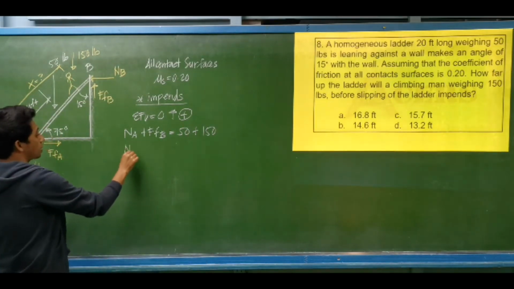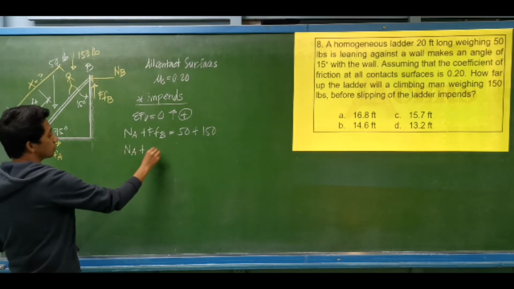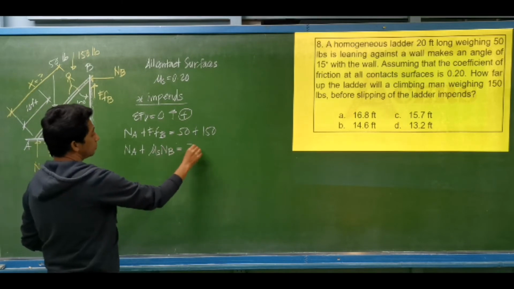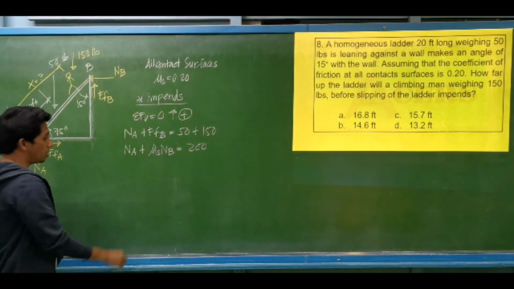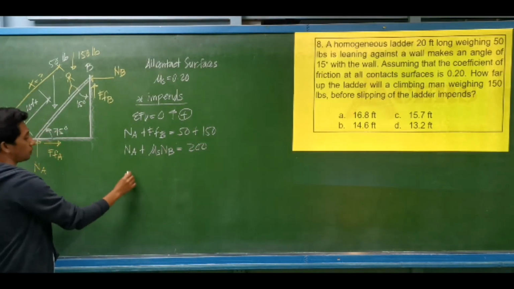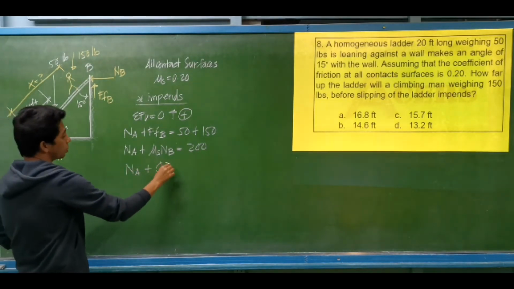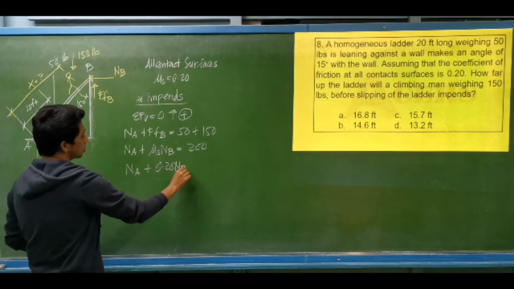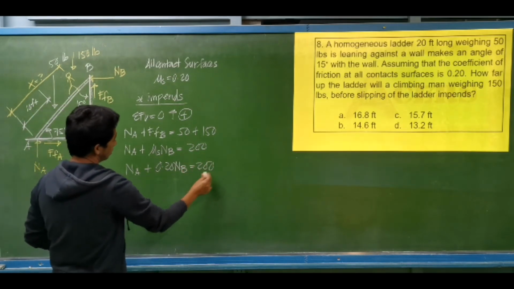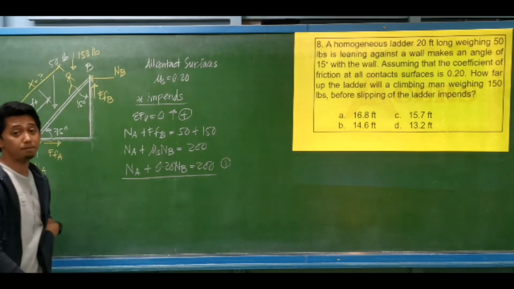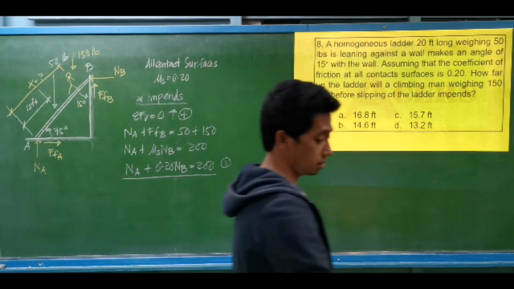This is the same as the normal reaction at A plus the coefficient of static friction times the normal reaction at B equal to 200 pounds. With mu equal to 0.20, we have N_A plus 0.20 N_B equals 200 pounds. Let this be equation number 1.